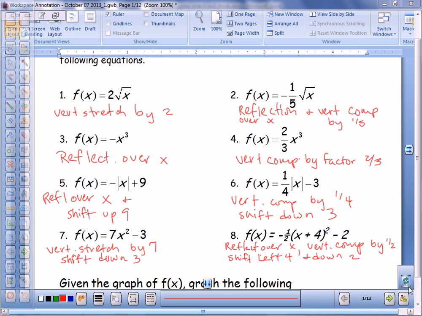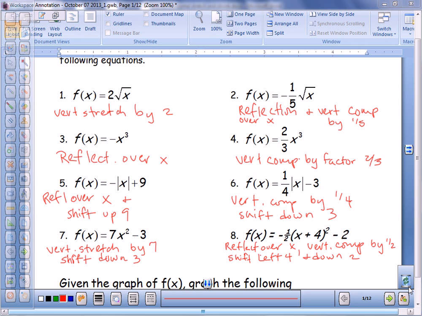So if we look at number 1, it's a vertical stretch by a factor of 2. It would take that and stretch it vertically. Number 2 is a reflection over the x and a vertical compression by a factor of 1/5. The next one is just a reflection over the x. Number 4 is a vertical compression by a factor of 2/3. Number 5 is a reflection over the x and shift up 9.